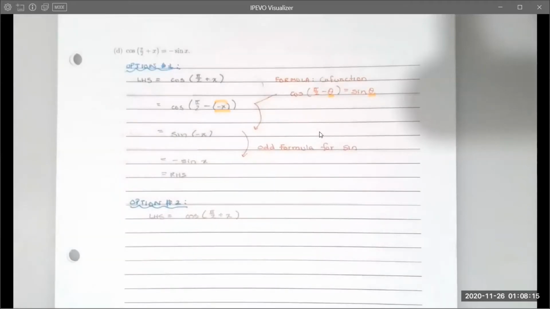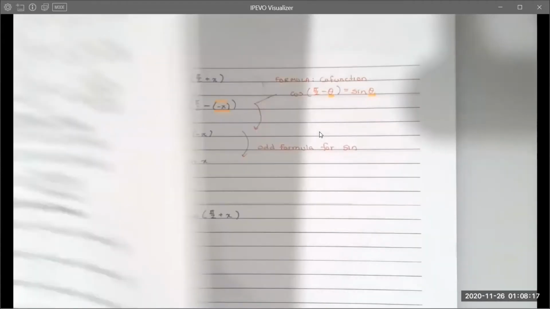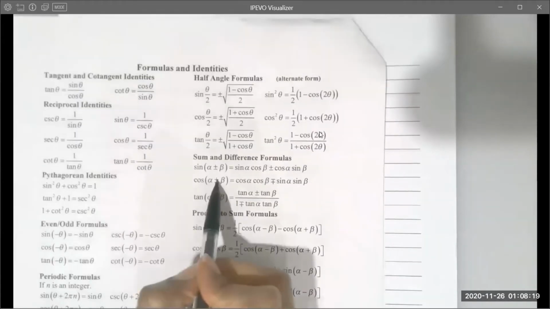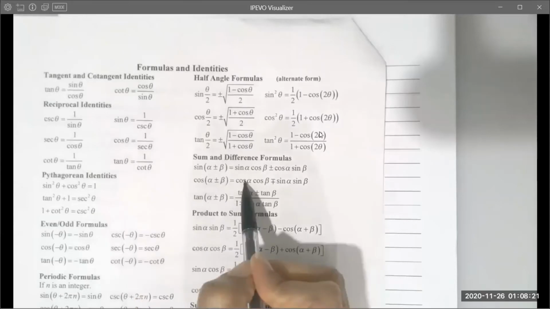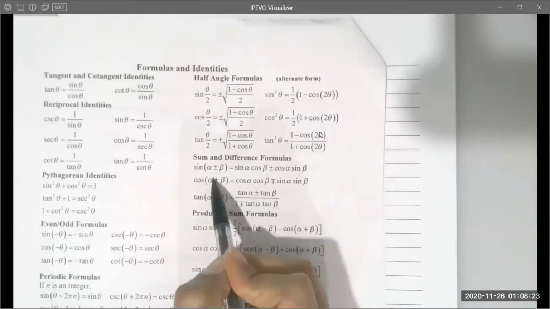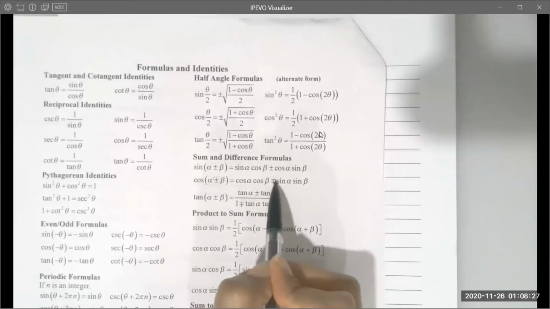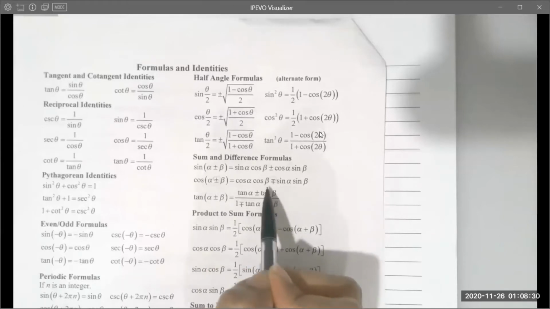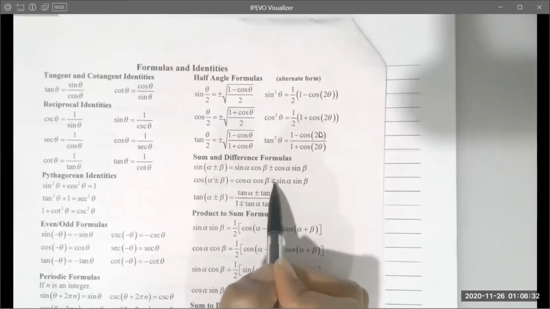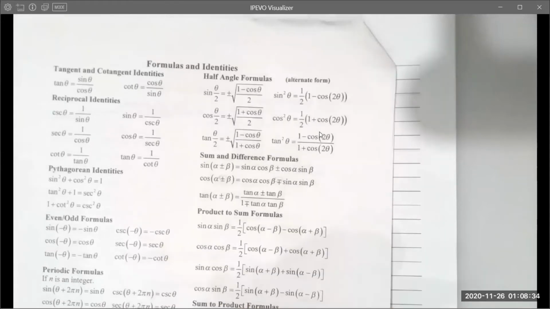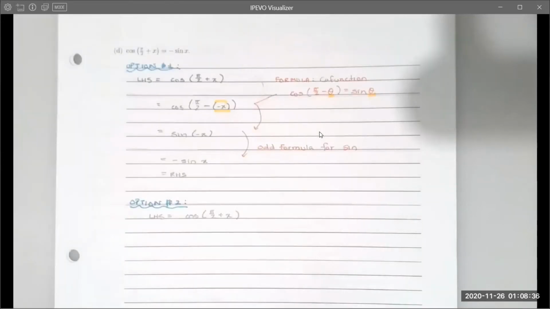If we look at the sum and difference formulas, cosine of a plus b is cosine a cosine b. And since we're looking at the top symbol on the left-hand side, we have to use the top symbol on the right-hand side as well. So it would be minus sine of a sine of b. I'll rewrite that formula in our notes, and then that's what we're going to apply.